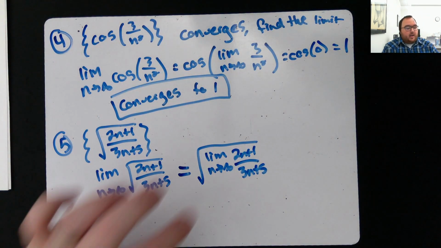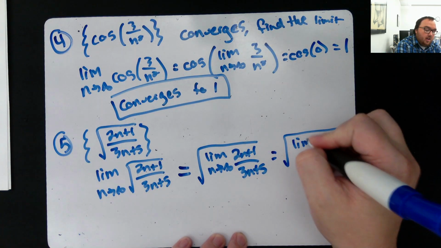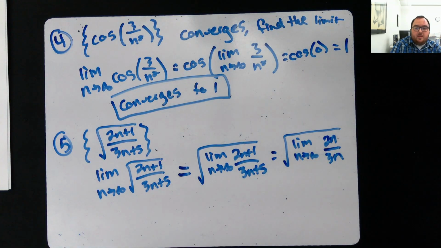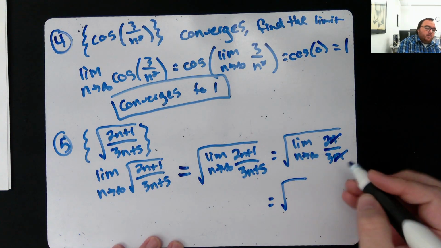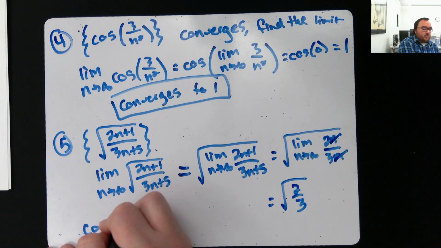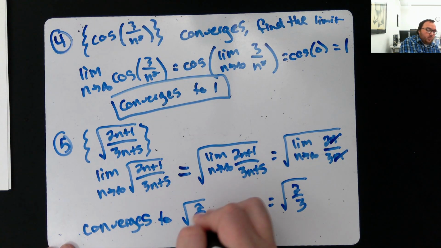So again, I want to look at the largest term on top, which is 2n, and the largest term on the bottom, which is 3n. Cancel out the n's, and that ends up with the square root of the limit, which is 2/3. So this is going to converge. It converges to the square root of 2/3.